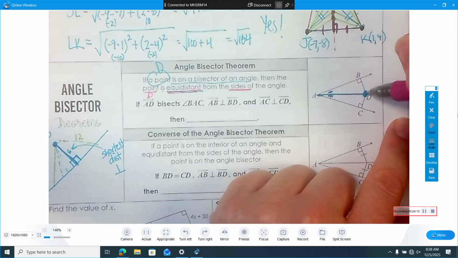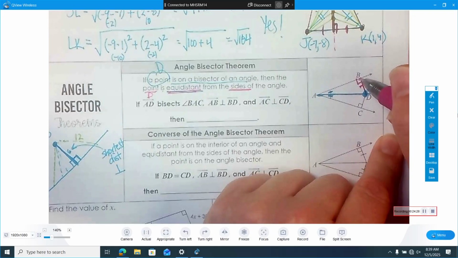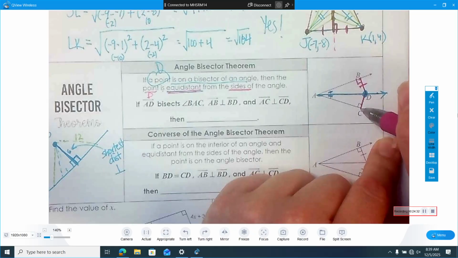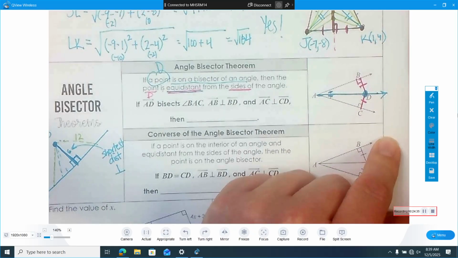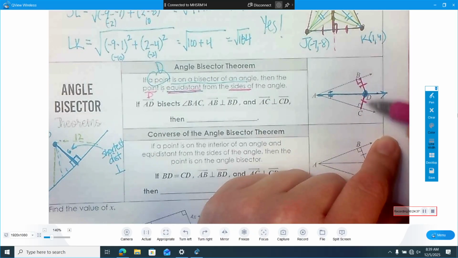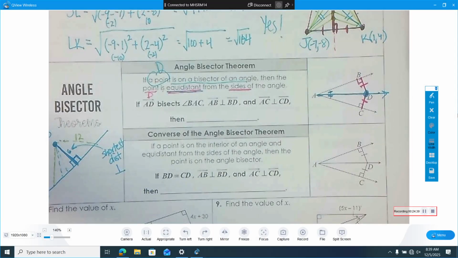And so what that's saying is point D is, if we measure the shortest distance perpendicular to the side of the angle, it is equidistant, meaning it is equally spaced from the side AB of the angle, and it's the same distance away from side AC of our angle. All right? It's equidistant, the same distance away.